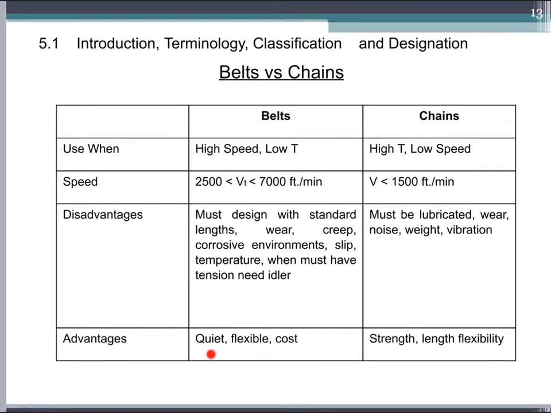Advantages of belt: quiet, flexible, and cost. And for chain, it is strength and length flexibility. Length flexibility means that the chain can be reduced or more can be added in terms of length.